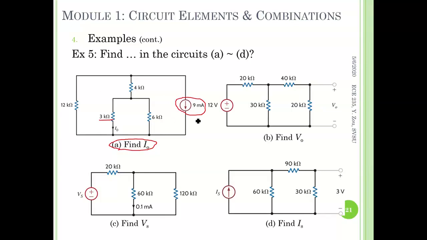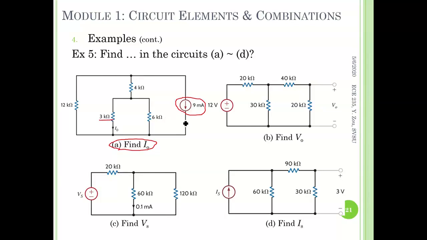So if I can somehow combine the rest of the circuit into 2 parallel branches between the single pair of nodes, I can apply the current divider to find the current anywhere.